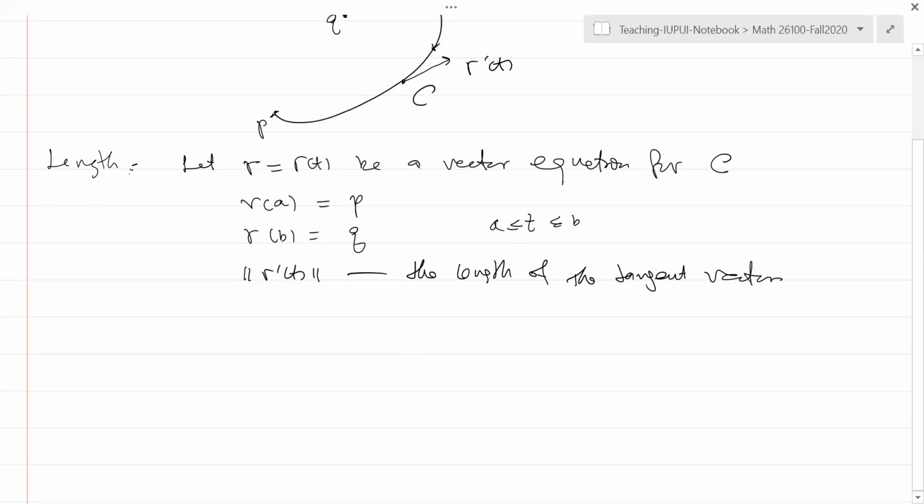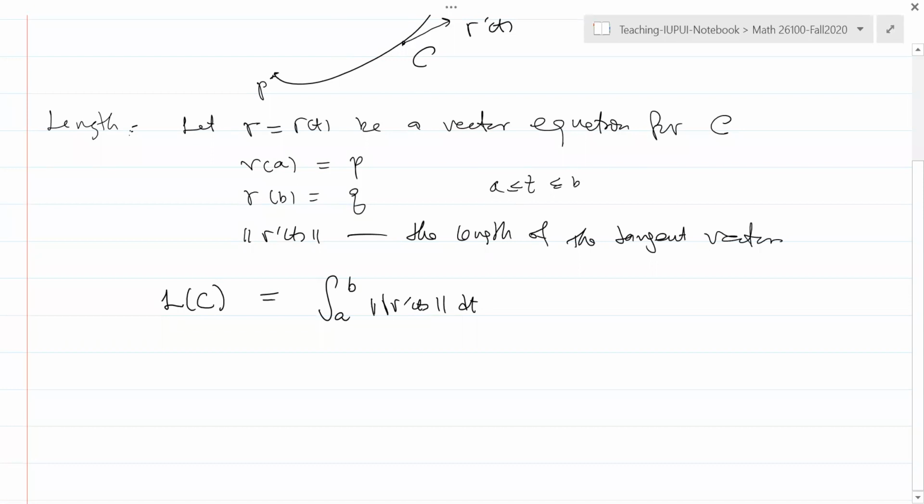So the length of the curve, which sometimes is simply denoted by L(C), is given by this integral of this function. We can prove that, and the proof is not difficult, but uses calculus. Could you just verify what the formula is?